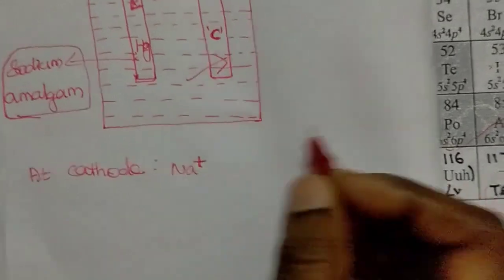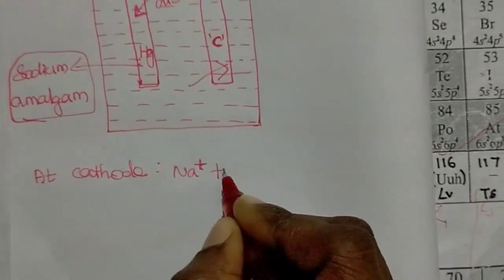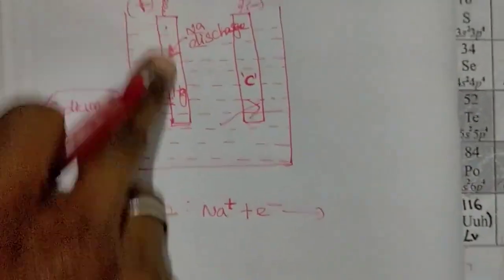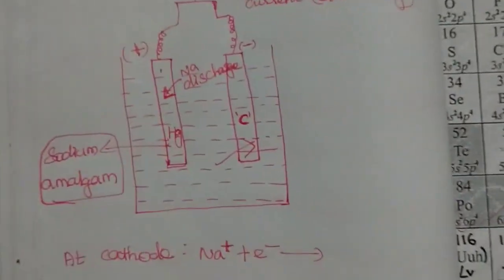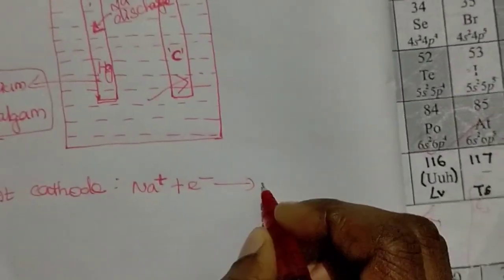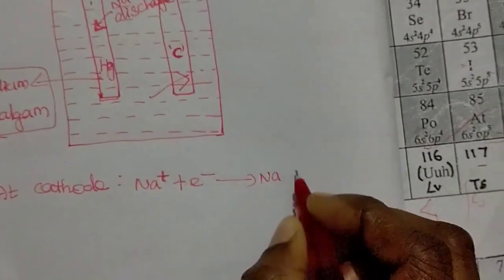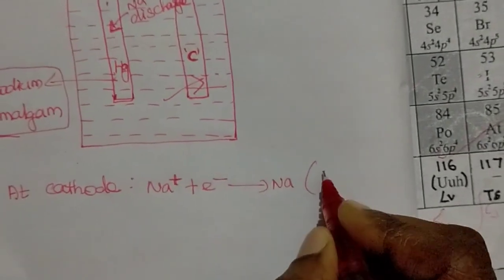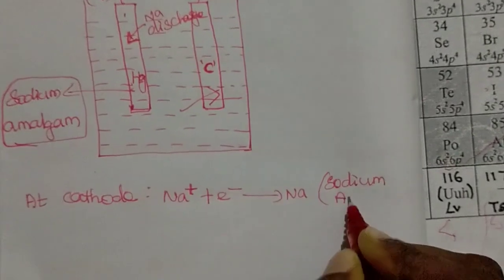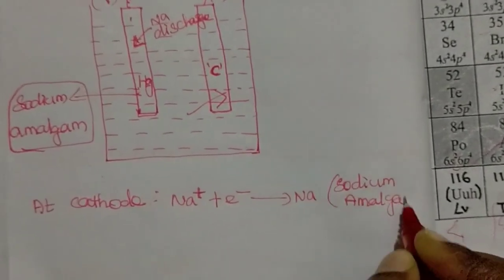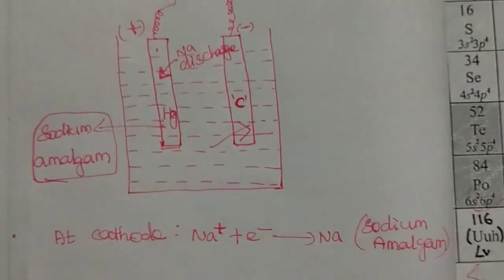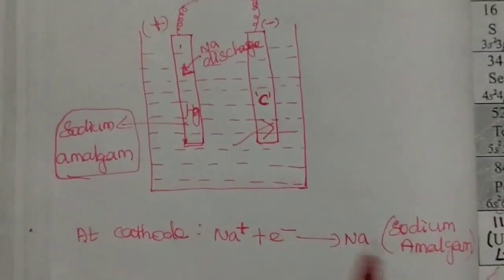The sodium plus combines with an electron, that means it is deposited into the cathode rod, so sodium plus becomes sodium. This is generally known as sodium amalgam because of the deposit of sodium into the mercury cathode.